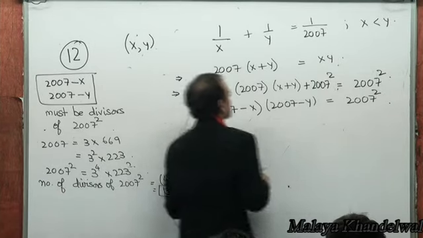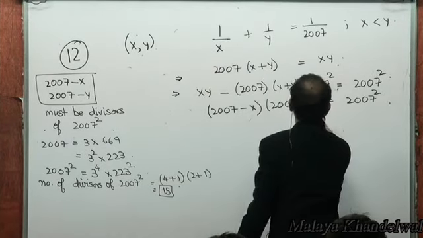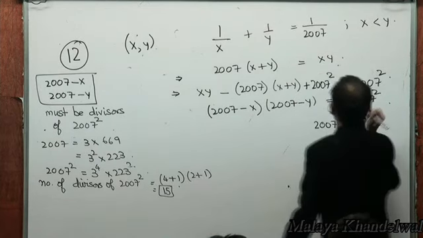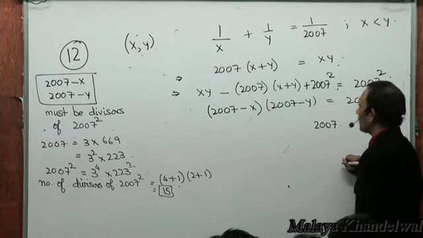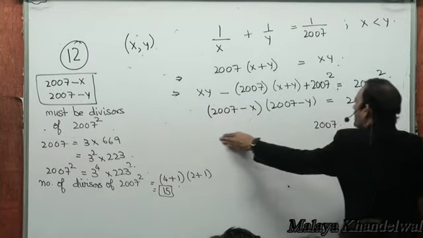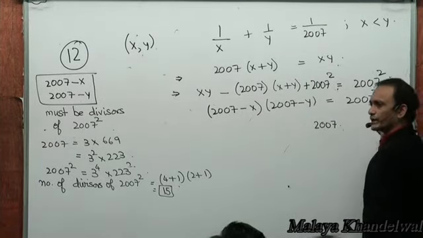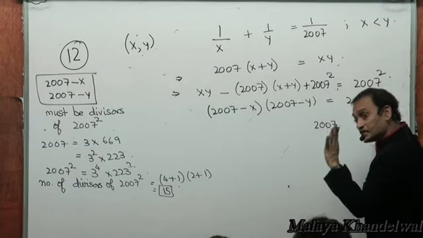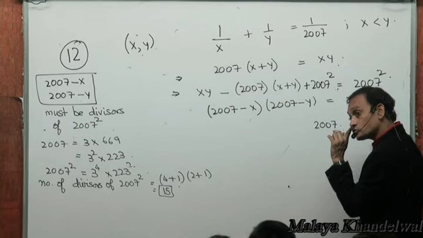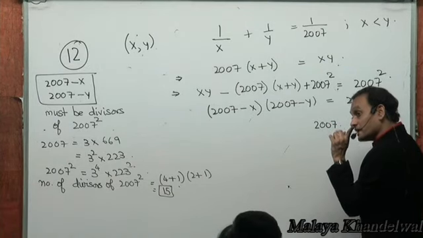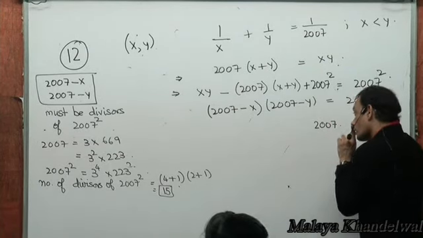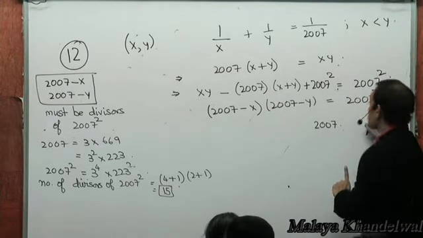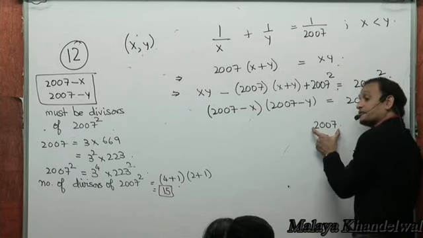In my scheme of things, when I start to elaborate on factors of 2007 squared, there are 15 factors in all, of which 2007 is one factor. Yes or no? This is because 2007 squared is a perfect square, and 2007 is one of the factors.